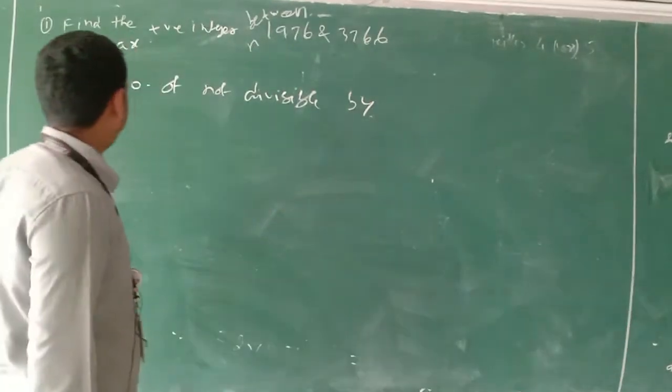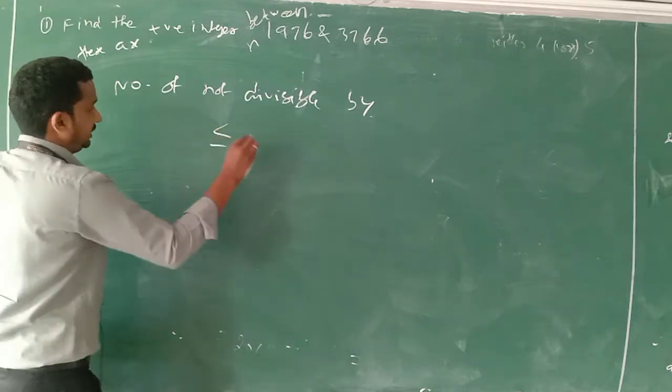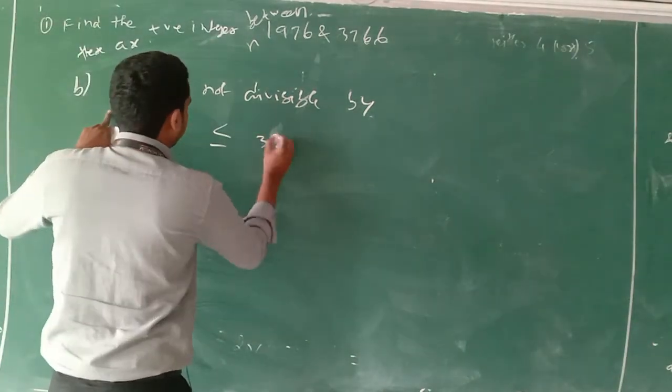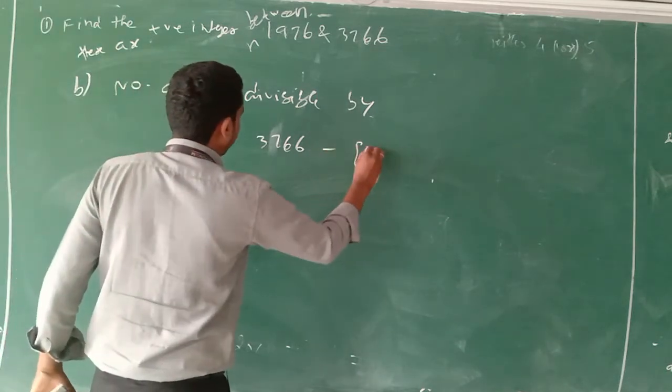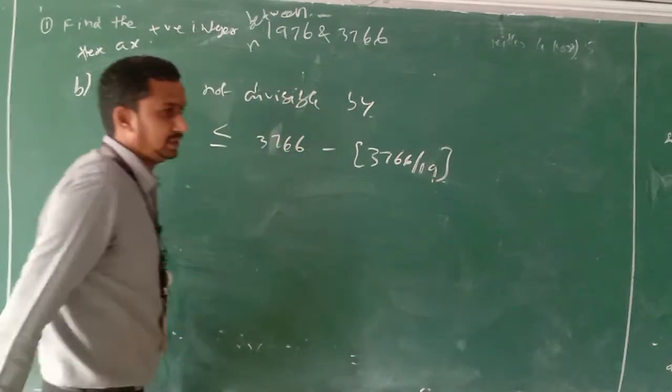First find the divisible value, then subtract it from the total.